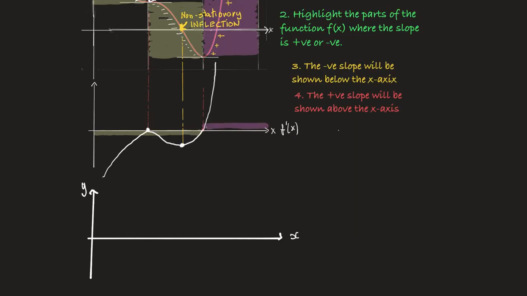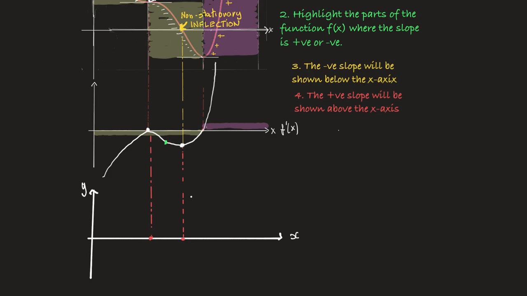And now we get to draw another set of axes, and I'll draw a dotted line to show where that 0 will be from here, and also a dotted line from the minimum to show where the 0 will be over here. Between the maximum and the minimum you will find the non-stationary point of inflection, which will then turn into either a maxima or minima.